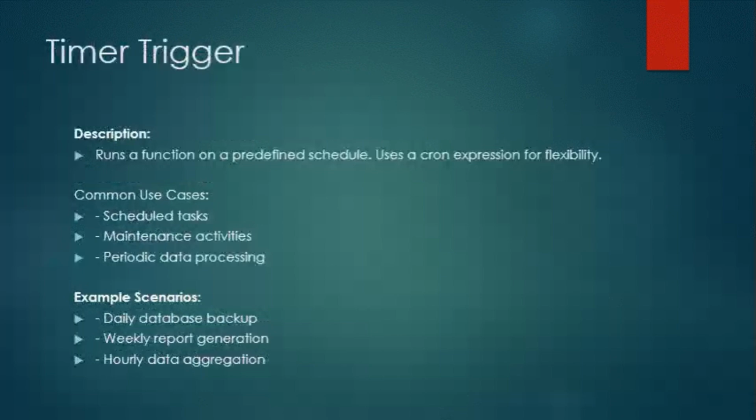So let's consider you have an application which wants to communicate with a different set of APIs or third-party APIs, or perform some operation. In that case, we will go for the HTTP trigger.